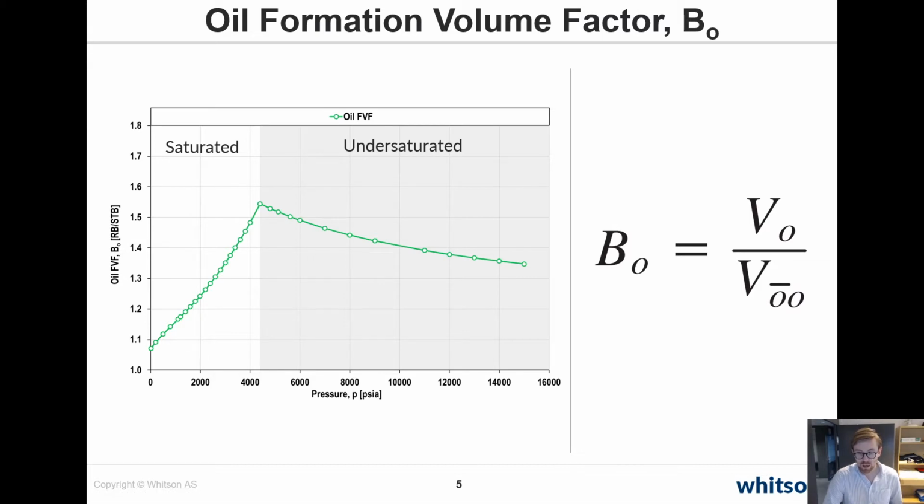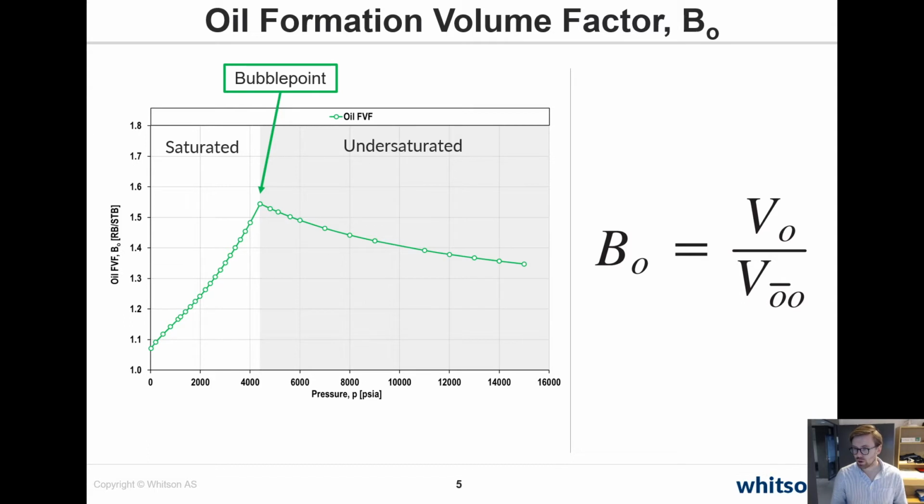Just for clarity, this is the bubble point for this particular fluid. It's around 4,500 psi or something like that. All the pressures above the bubble point are defined to be in the undersaturated region. We call that undersaturated conditions.